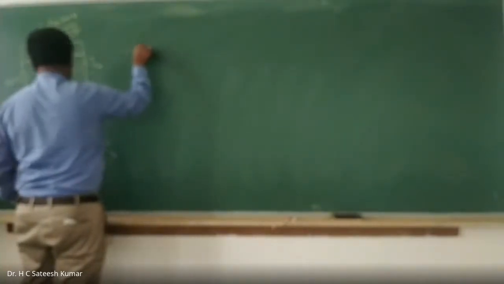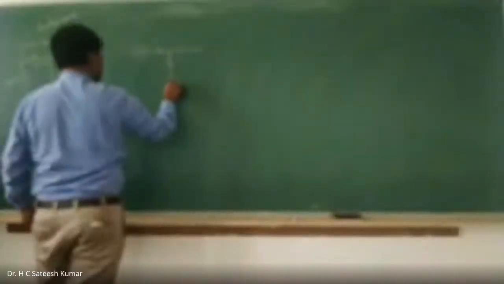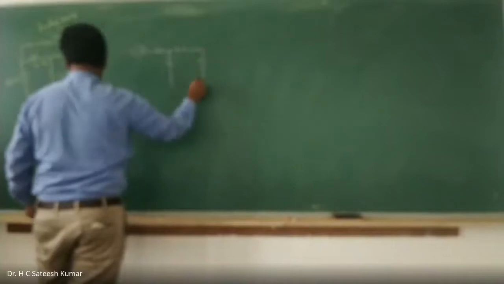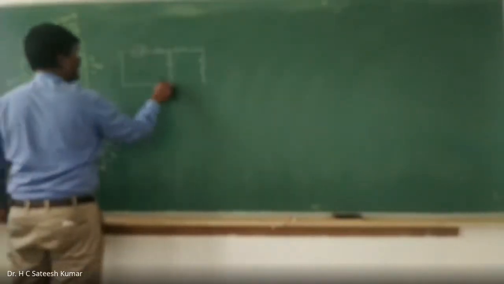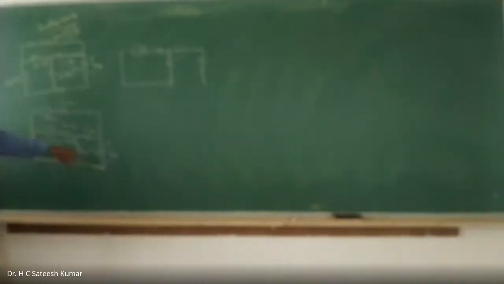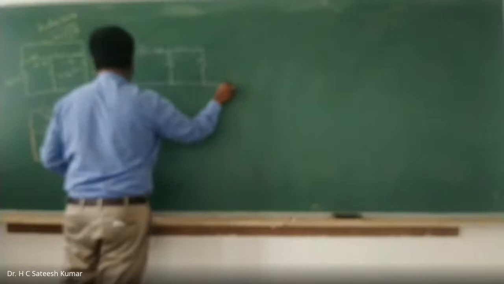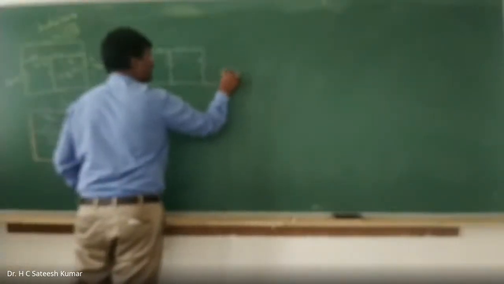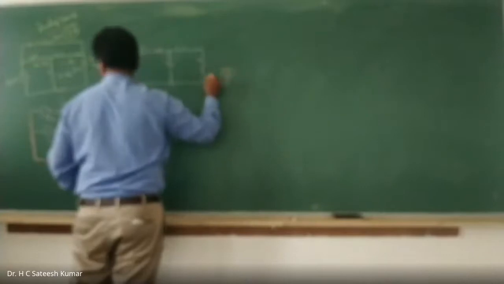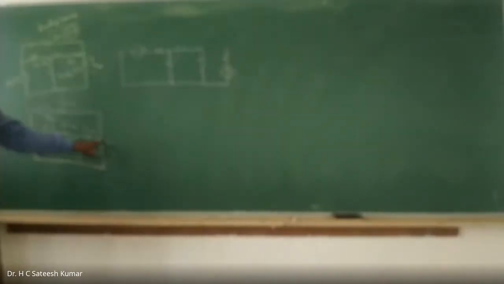Minus plus resistance, one more resistance, one more resistance. Okay, right. Now this point I'll connect to this end. I connected here, and negative is connected to this point now. So negative I'll connect here. Minus plus, and to that we have one resistance, and the other end is going to this point.